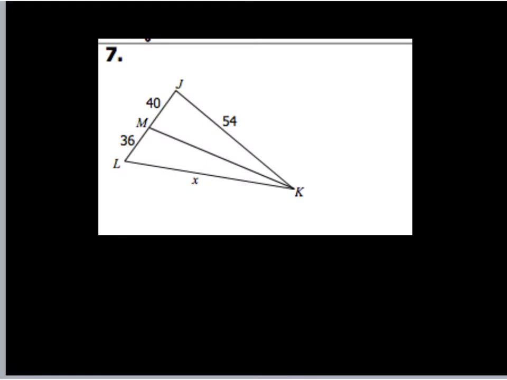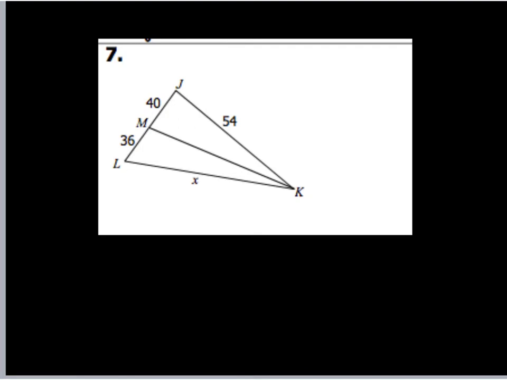For problem number 7, your directions tell you that it represents an angle bisector. You're already told that KM is an angle bisector.